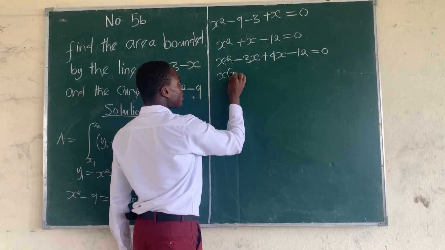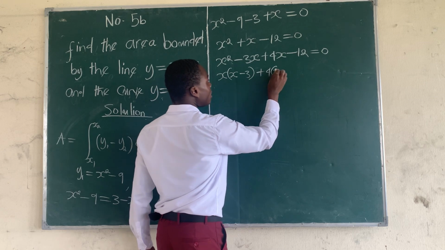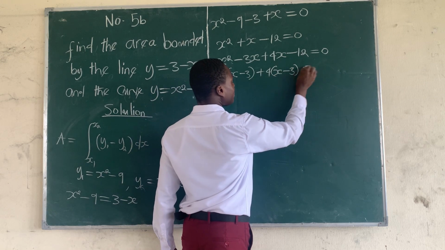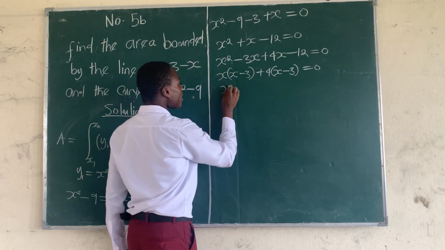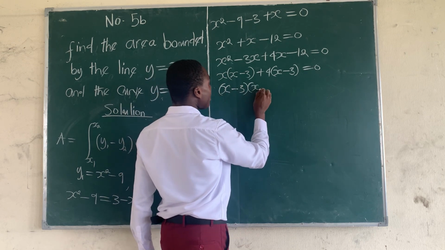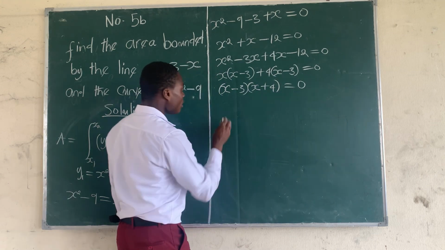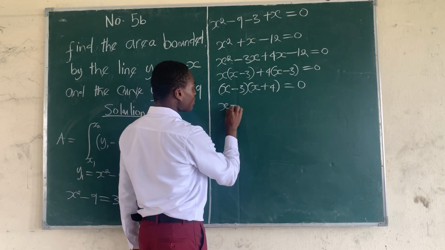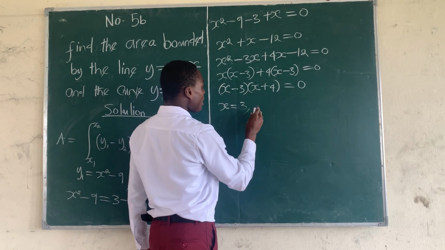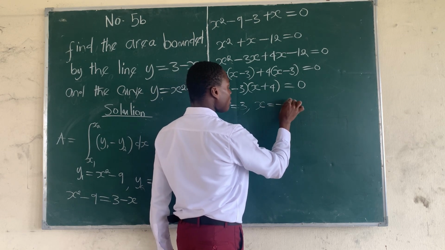We have x into x minus 3 plus 4 into x minus 3 being equal to 0. So we have x minus 3 into x plus 4 being equal to 0. So here we have x equal to 3 and x equal to minus 4.